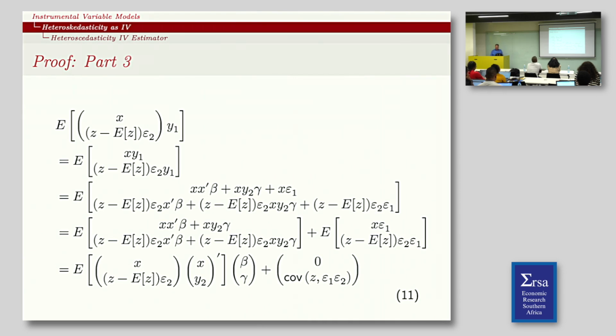And then I plug that all in, right? And there's lots of pieces. What we really care about is this bit here at the end. I've got an expectation over x times x and y, and I've got an expectation over this deviation, z from its mean, which I put in earlier. And then I've got 0 here, and I've got this covariance here.